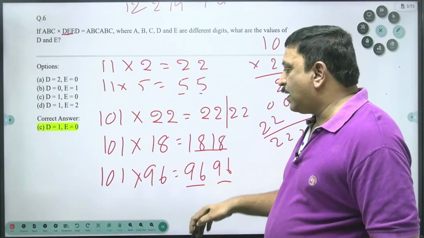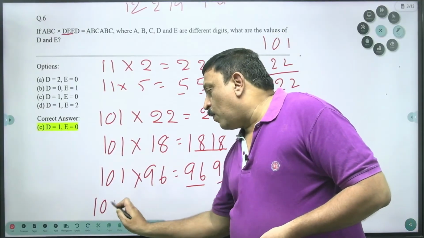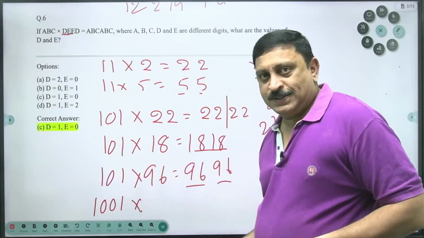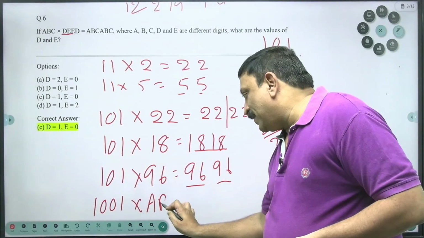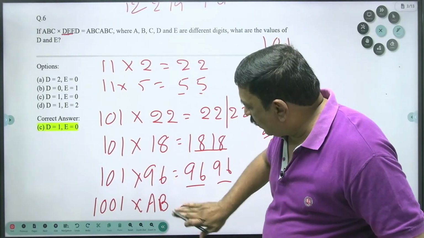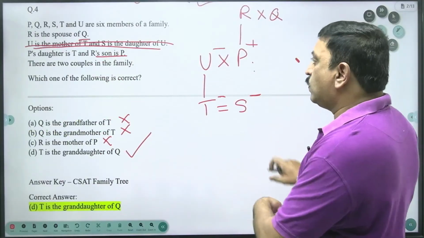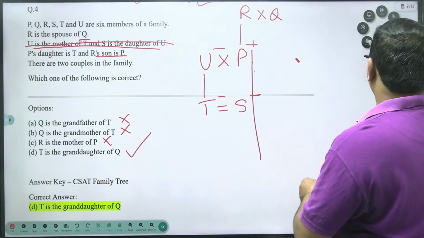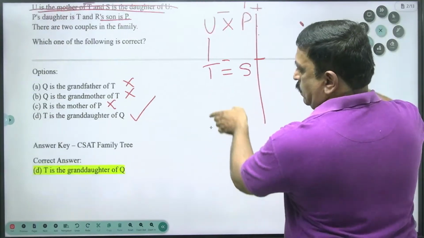Now the same style, if you do this for 1001 with 3 digits, what happens? That is the same thing.